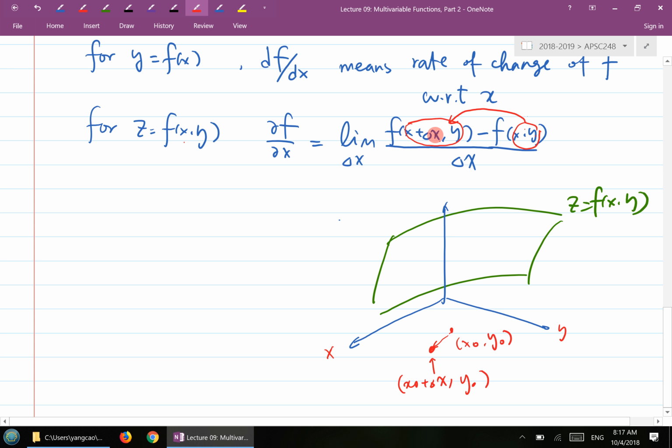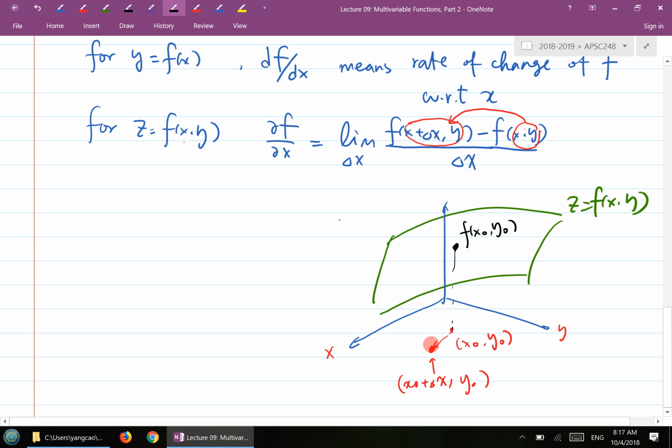Then let's look at the consequence of this change. At the original point, if I move up, this is f of x naught, y naught, or f of x, y. That's the point on the surface when you substitute x naught, y naught into the function.